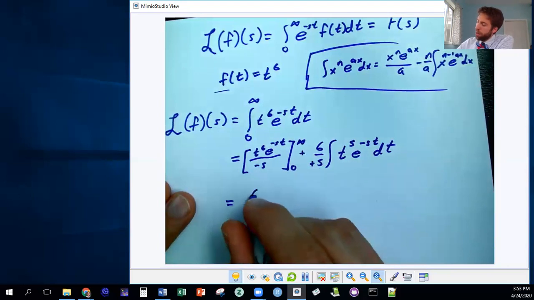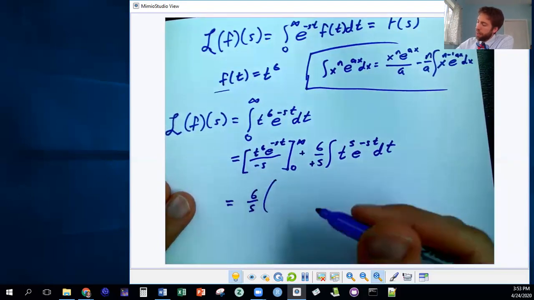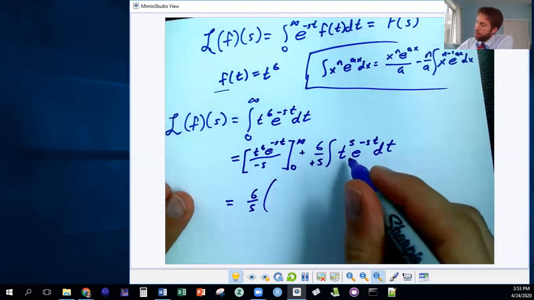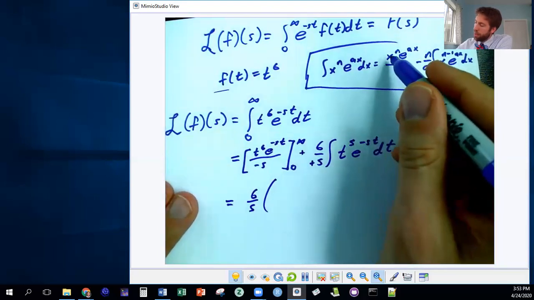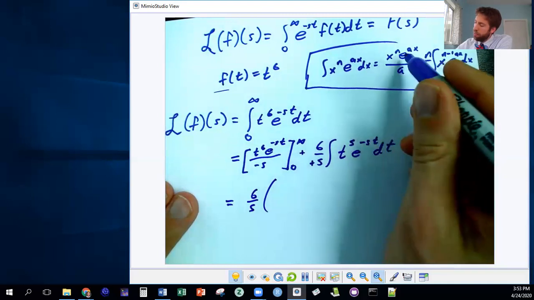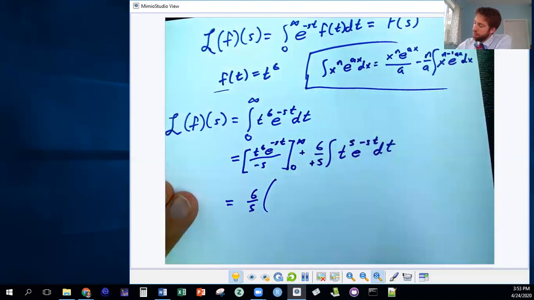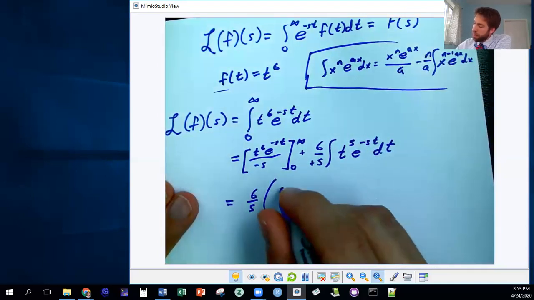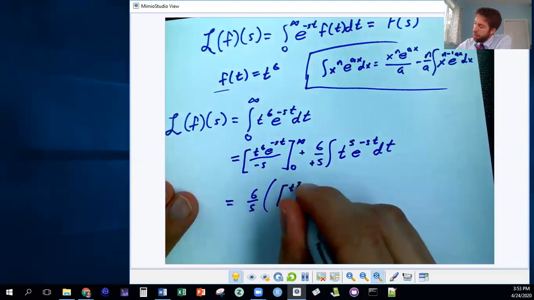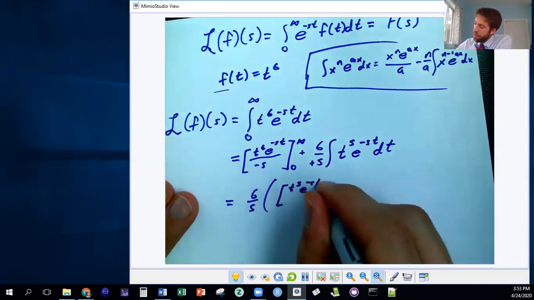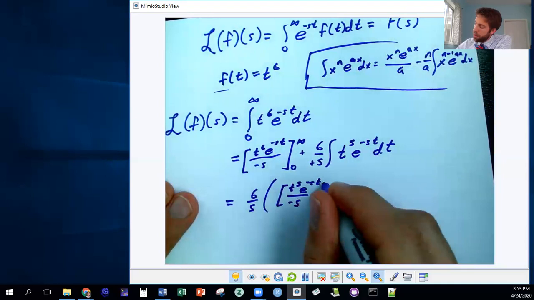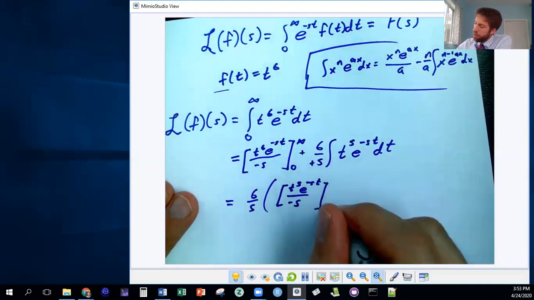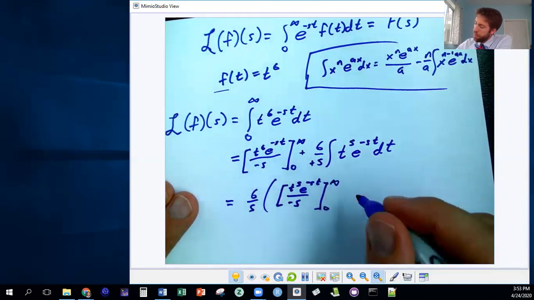So then we'll have 6 over s, and we do it again. So now I'm doing t is x, and n is 5, and a is negative s. So I've got t to the 5th times e to the negative st all over negative s from 0 to infinity.